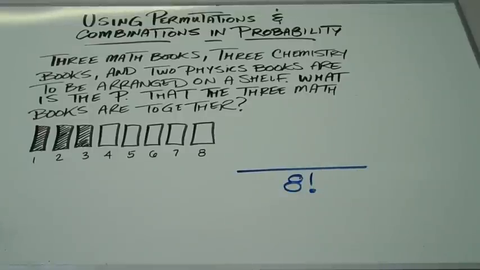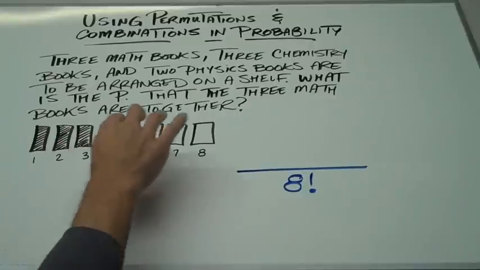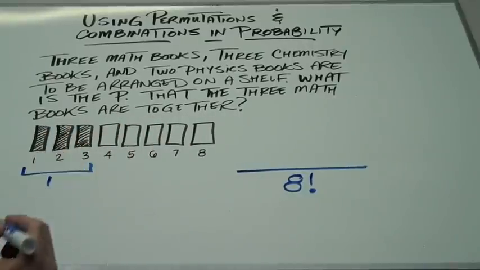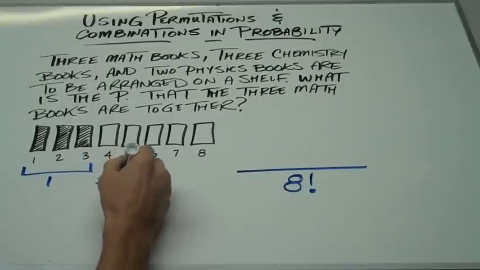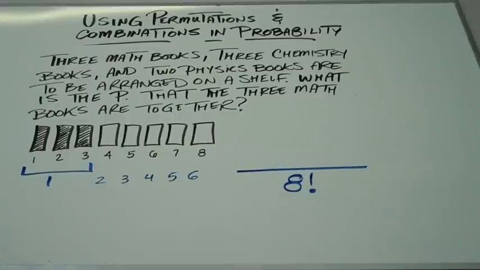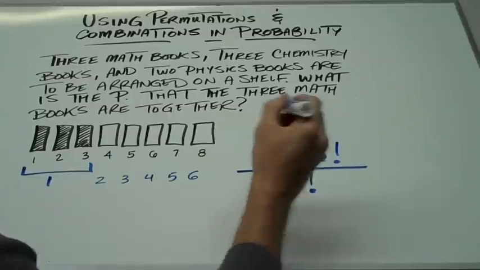8 factorial. Now, here are the 3 math books. I can move those math books anywhere, but I have to consider the 3 math books as 1 unit. If I consider the 3 math books 1 unit, I have 1, 2, 3, 4, 5, 6 different objects. How many ways can I arrange 6 different objects? 6 factorial.